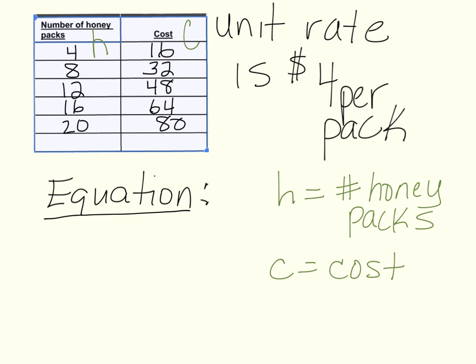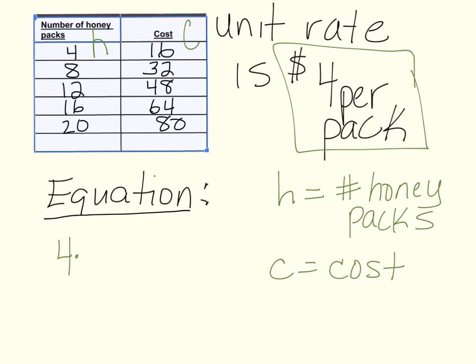Okay, so we know those two variables and we know the unit rate is $4 per pack. So that means for every number of packs of honey, we're going to multiply by 4. So that means 4 times, because this is per pack.